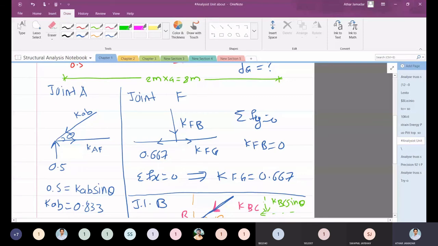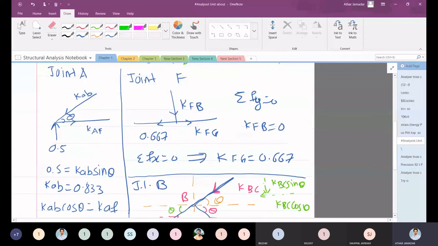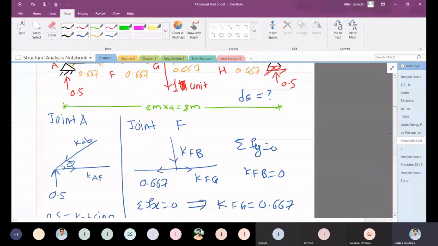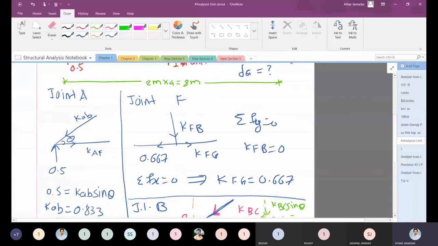After resolving joint A, if you resolve joint B, you get KFB equal to 0 directly because no vertical load is acting, and KFG equal to 0.667 again. These are the member forces after application of 1 unit load, shown in this diagram.